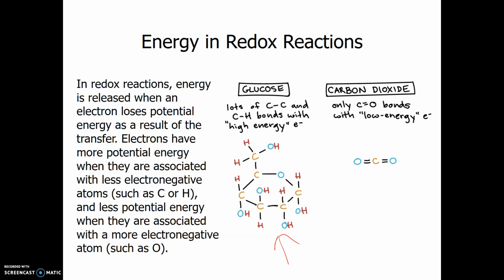This is just basically saying all these hydrogen atoms are sources of hydrogen ions and electrons. So glucose contains all these electrons that it ends up giving away to form water. The hydrogen ends up forming water, H2O.